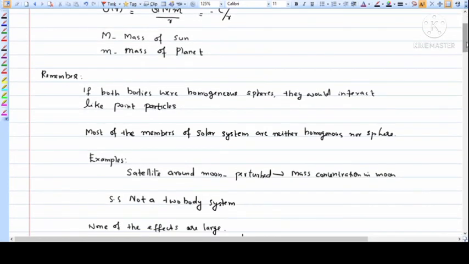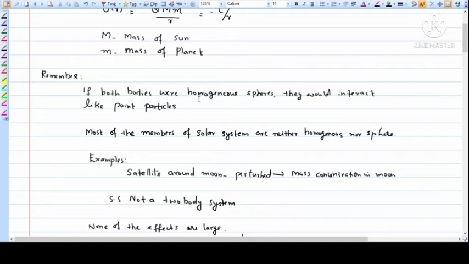In this situation we have to remember some points. If both bodies were homogeneous spheres, we can consider their interaction as point particles.